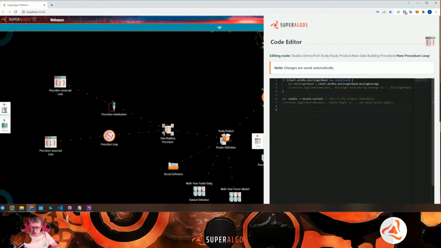So that's the same way that you create stuff for indicators, and it's supported. But it also supports the objects that you can use in trading bots, which are chart, market, and exchange objects.